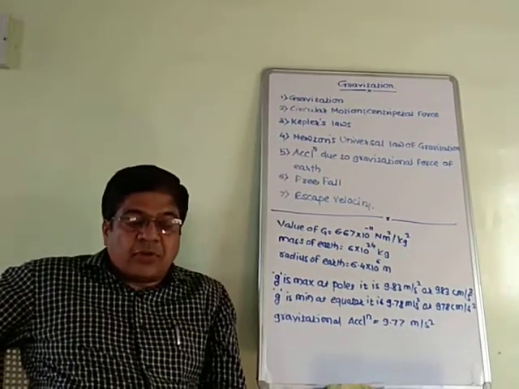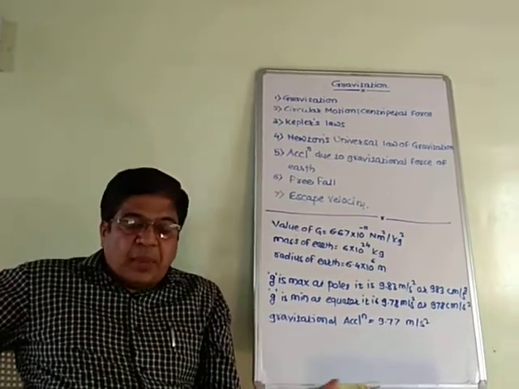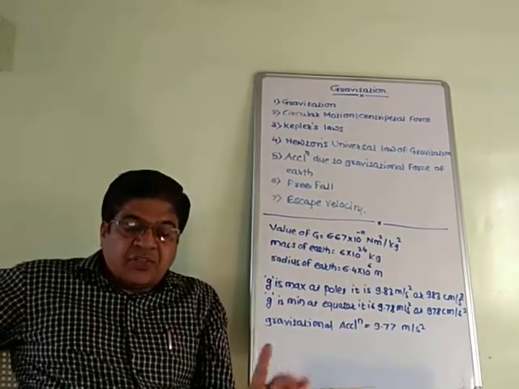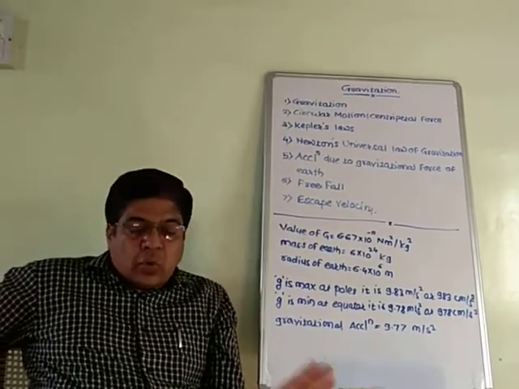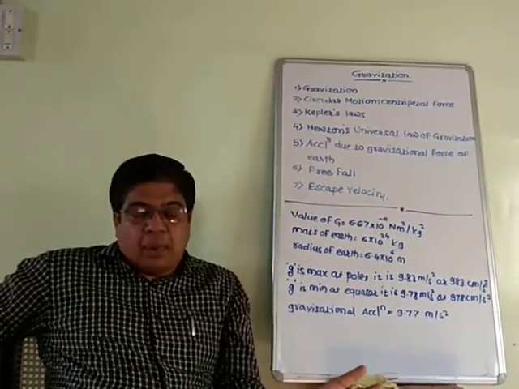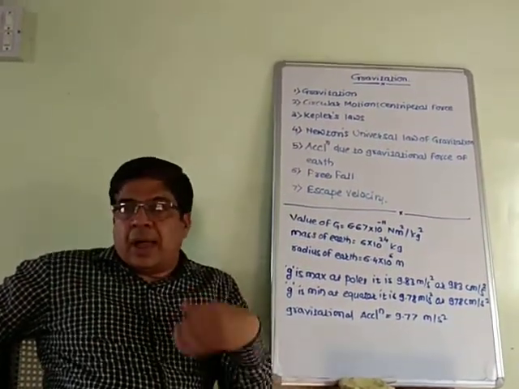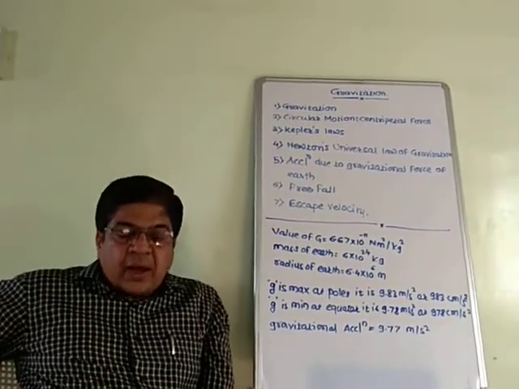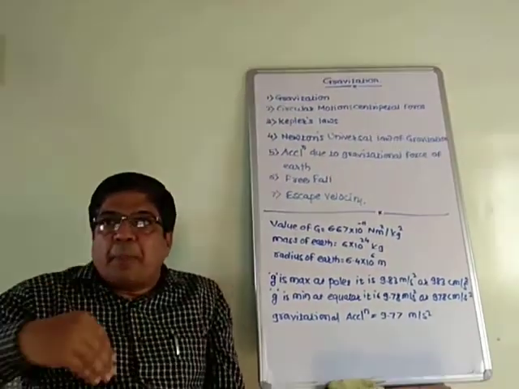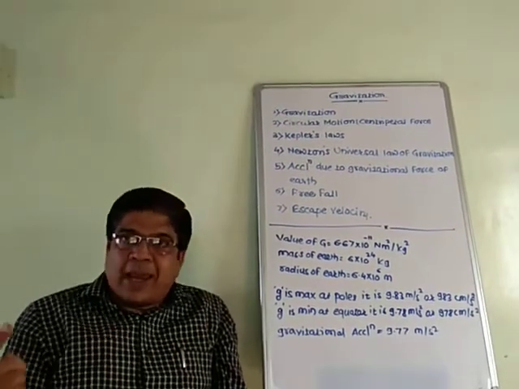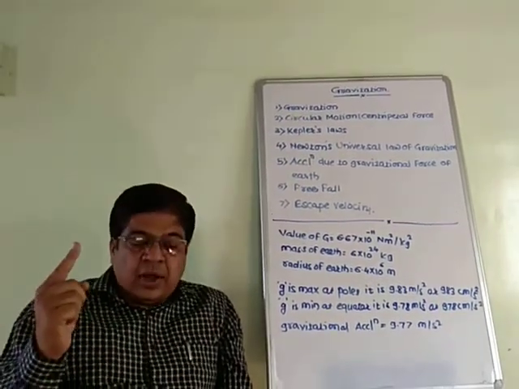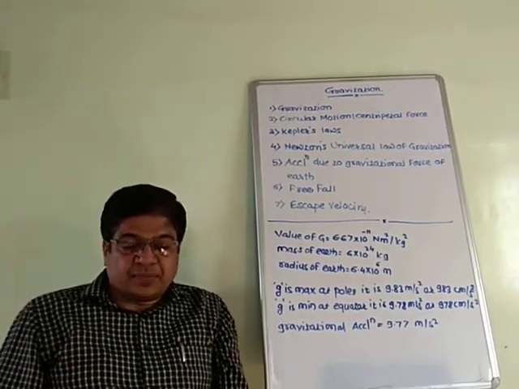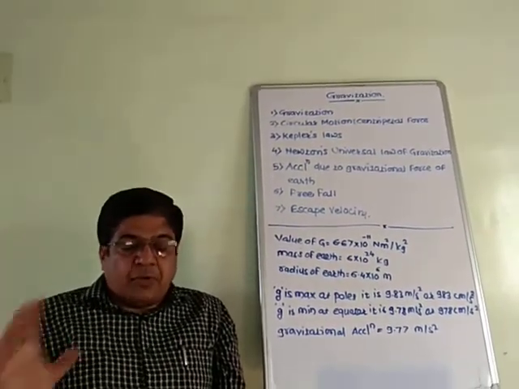Kepler's third law is that the square of the period of revolution of a planet around the sun is directly proportional to the cube of the mean distance of the planet from the sun. Again I repeat it. The square of the period of revolution of a planet around the sun is directly proportional to the cube of the mean distance of the planet from the sun.